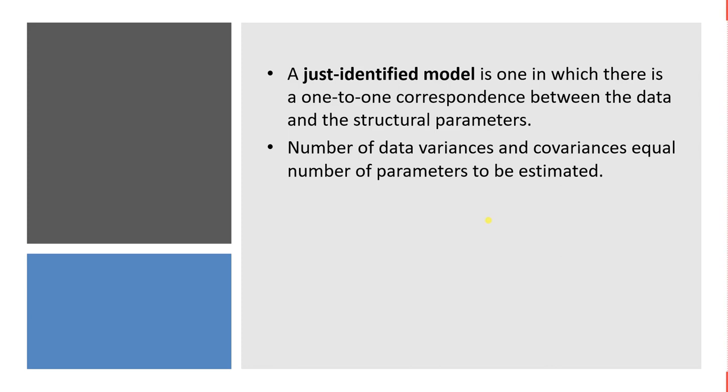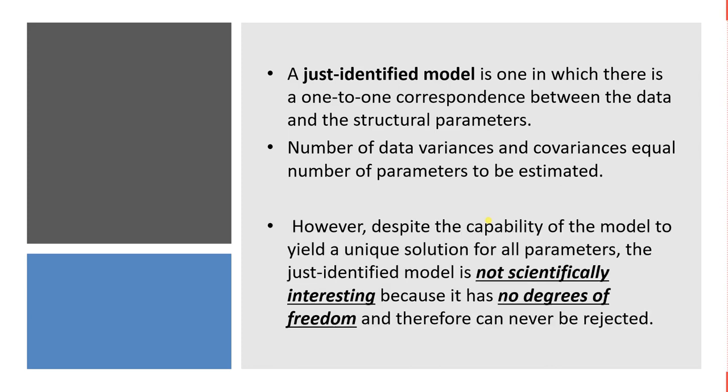The number of data variances and covariances equals the number of parameters to be estimated. And generally, this just identified model is also called a saturated model. This just identified or saturated model will yield a unique solution for all parameters.